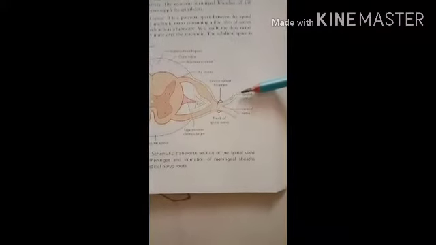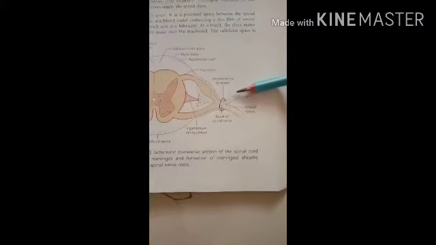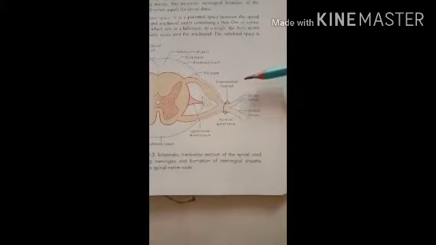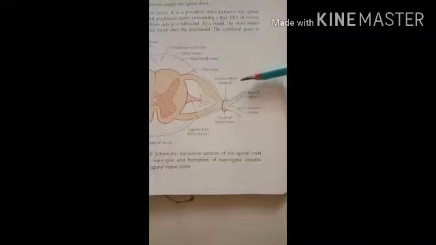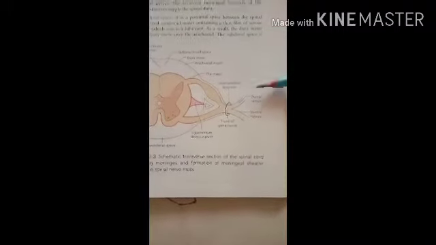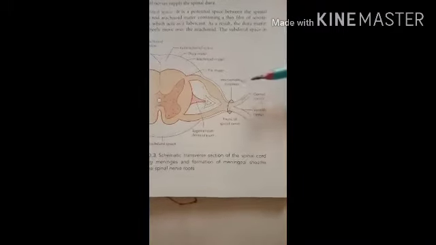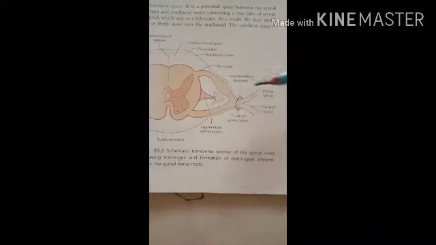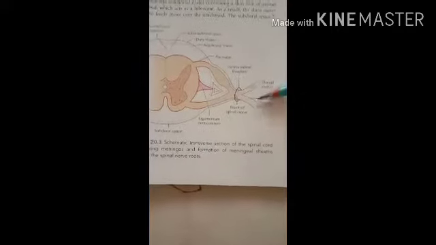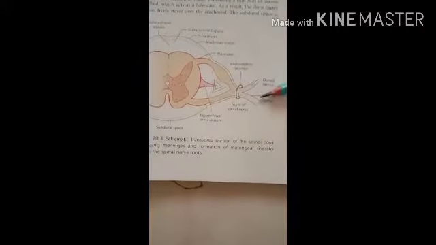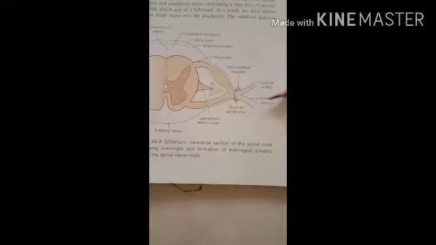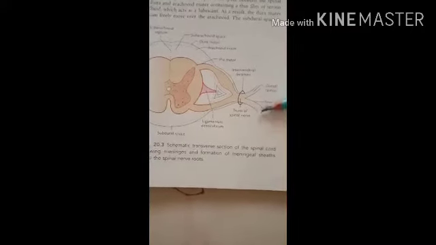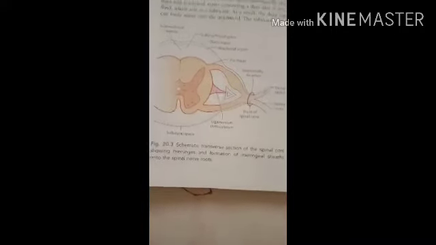The posterior ramus passes backwards and divides into medial and lateral branches to supply the skin and muscles of a relatively small area of the posterior aspect of the head, neck and trunk. The ventral or anterior rami supply the anterior and lateral aspect of the neck, trunk and the upper and lower limbs.